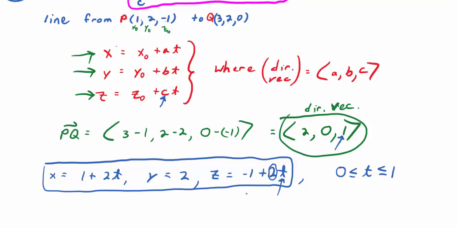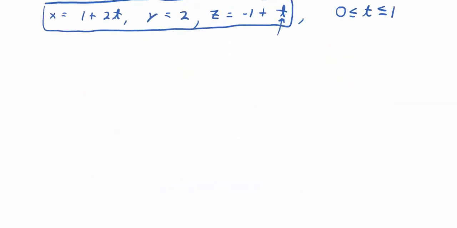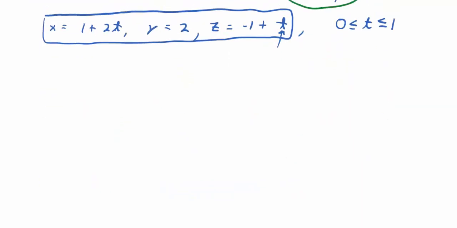And somehow I plugged in 2. But that's why you check, and you can find those mistakes. So it should have been -1 plus t. And now it works, right? When you plug in t equals 1, you do get just a 0 here, which is what you're supposed to get for the final coordinate in Q, the ending point. Mistakes happen, but if you know what you're doing, you can find them.